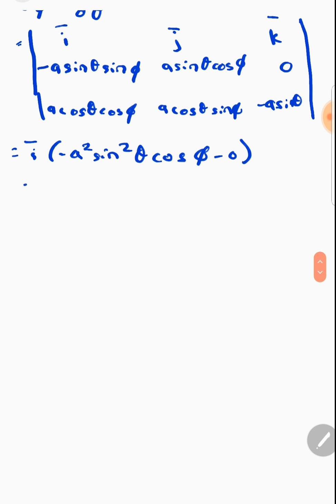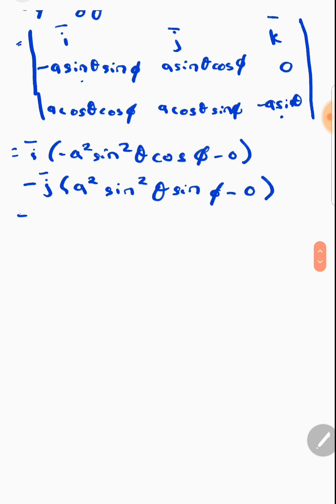Then minus j, very important, this is part of the formula of your cross product. Again on this side, I multiply this with this and minus this with this. So I will have a square sine square theta sine phi minus 0 again. And lastly, plus k.